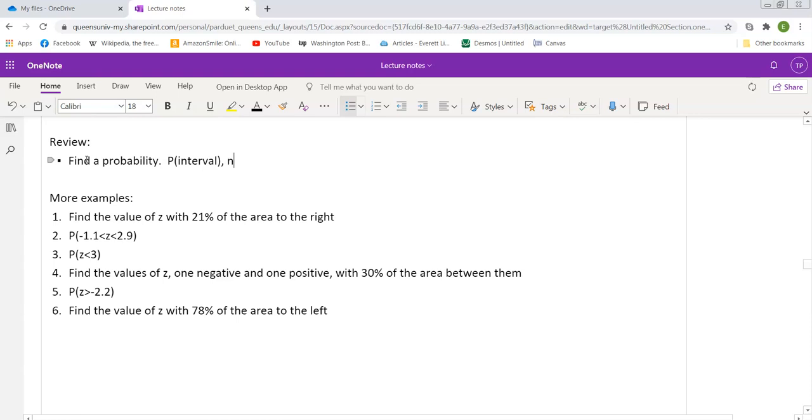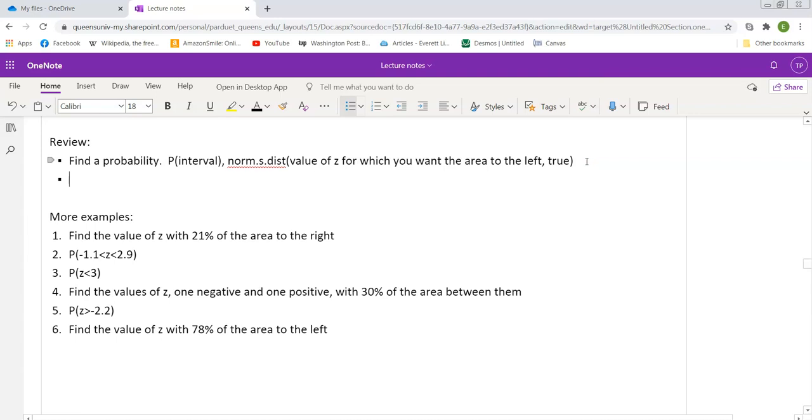For those, you're going to use NORM.S.DIST, and then you're going to tell it the value of Z that bounds the value of Z for which you want the lower probability, the area to the left. And then don't forget you have to put in your true for cumulative. And that's just always going to be true. Don't worry about that. Just always put true.